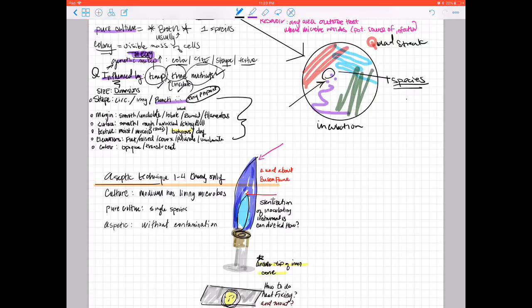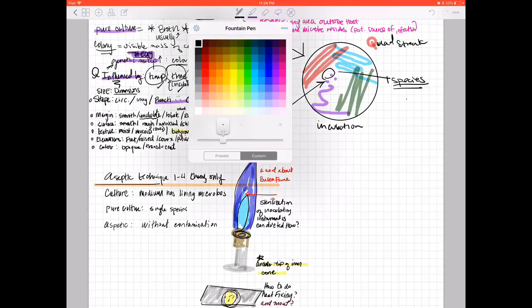I don't know if she would really ask that, but she's trying to get us to explain, for example, what a shape is, what it looks like, not just having all these words out, but making sure we understand what it actually looks like, so when we're identifying, we can explain them properly. She might use undulate, which just means wavy, rhizoid, which just means branch-like, filamentous, which means hair-like.